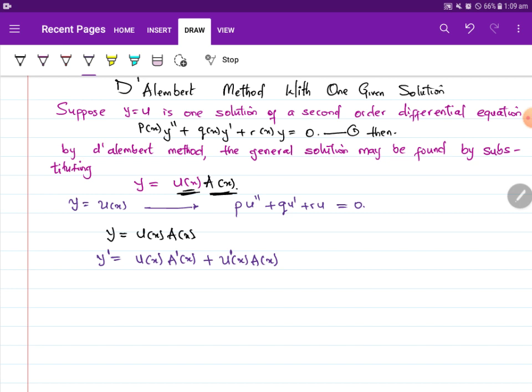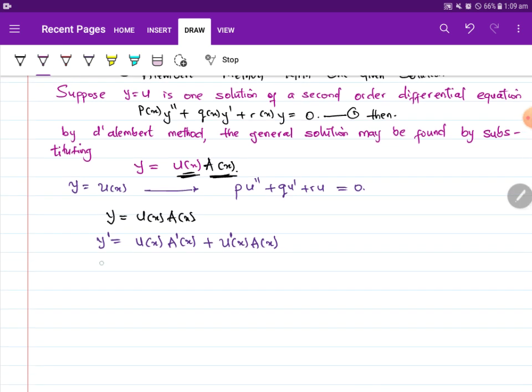Now let's find the second derivative, y double prime, which will be u prime of x a prime of x plus u of x a double prime of x, plus now let's apply the product rule on the other term: u prime of x a prime of x plus u double prime of x a of x.